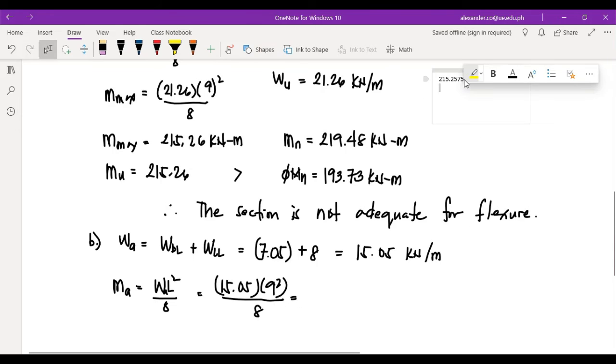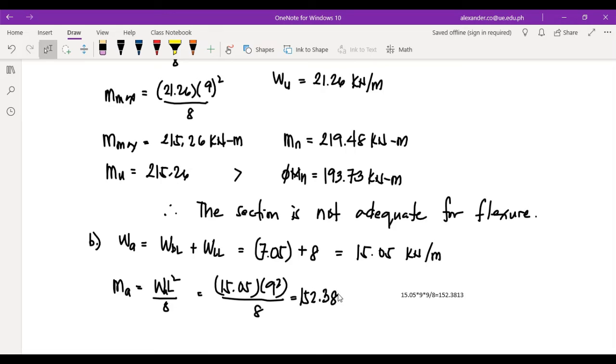Okay? 15.05 times 9 times 9 divided by 8 equal 152.38 kilonewton meter.